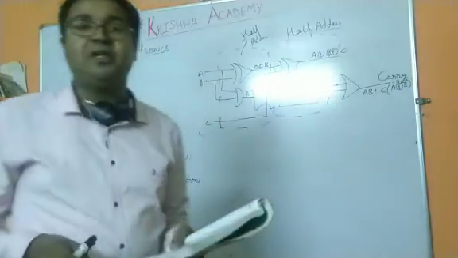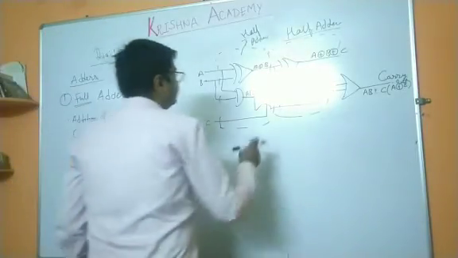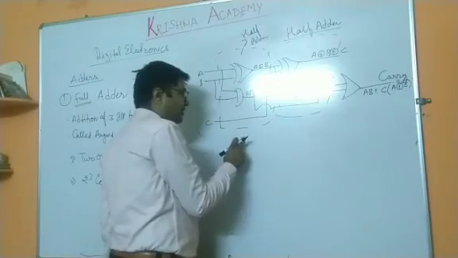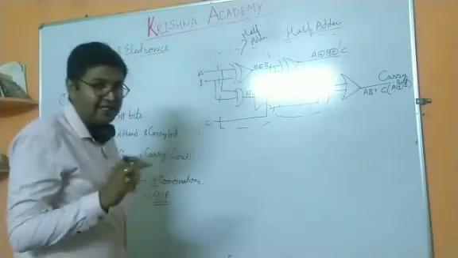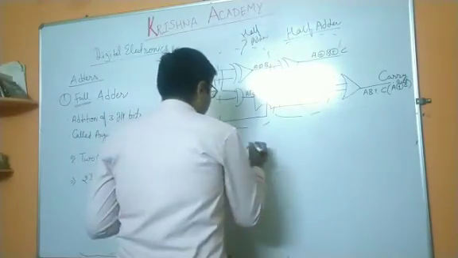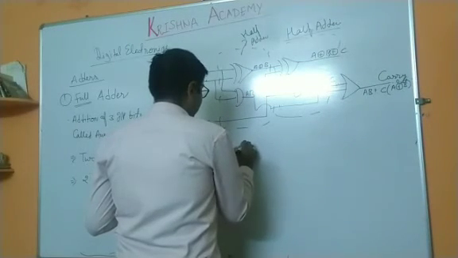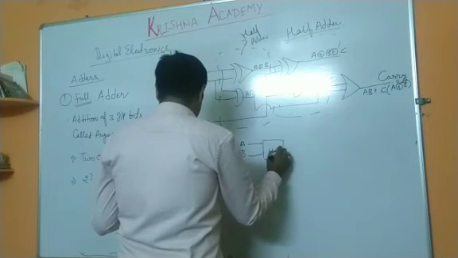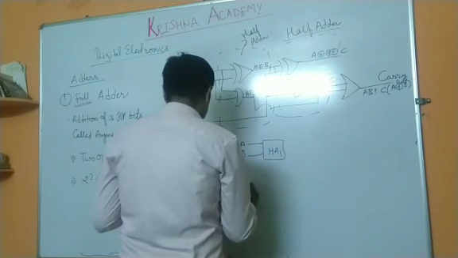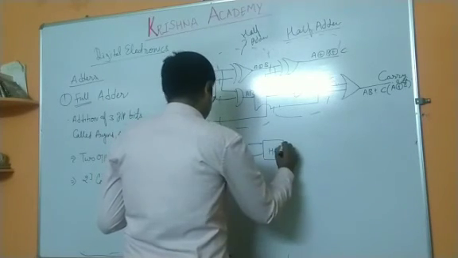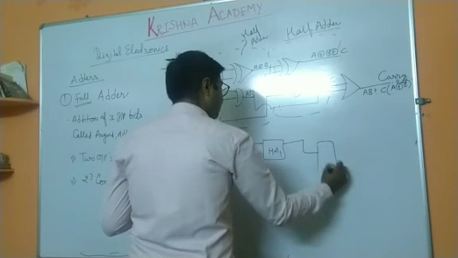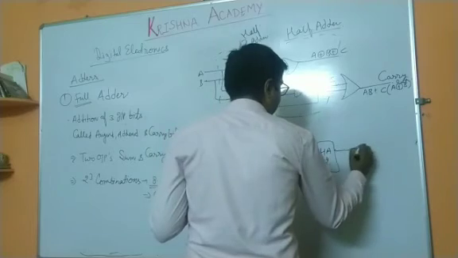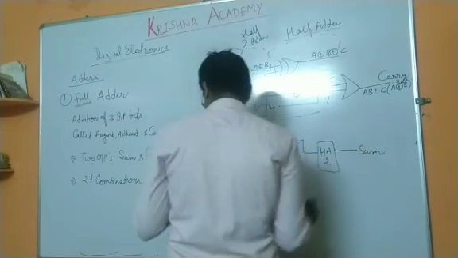So there is a possibility that if you want to add two numbers, and you want to implement a full adder circuit using two half adders, this can be done, and it can be shown in block diagram as well, like this. Half adder 1 gives carry and sum, this output will go to half adder 2, and sum is there.